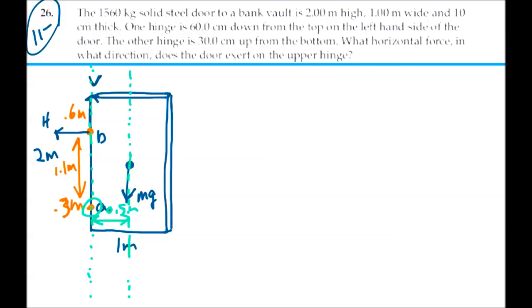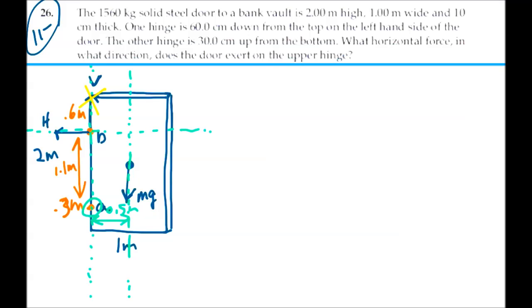It's got no moment arm about point A, and hence the vertical component is going to be insignificant in terms of torque about point A. The line of action for the horizontal force is this one right here, and that will have a moment arm of 1.1 meters.